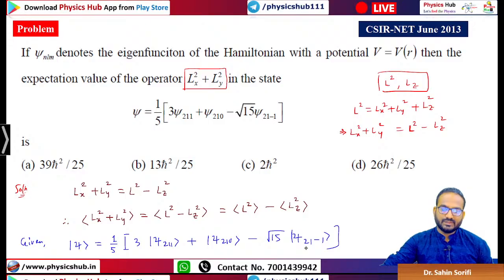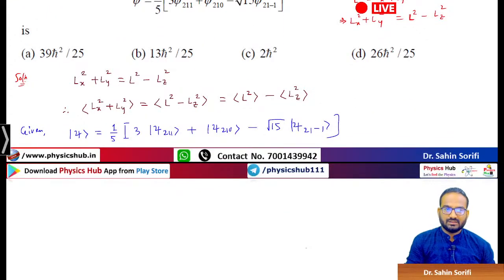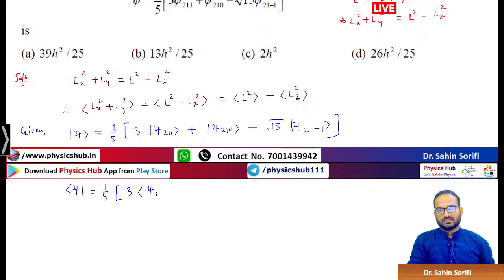Okay, so the corresponding expression for the bra will become, look, quantum mechanics, you need to practice a lot of problems, then only it will come under your control, otherwise it will be very difficult for you. 3 is a real number, so 3 bra psi 2 1 1 plus bra psi 2 1 0.